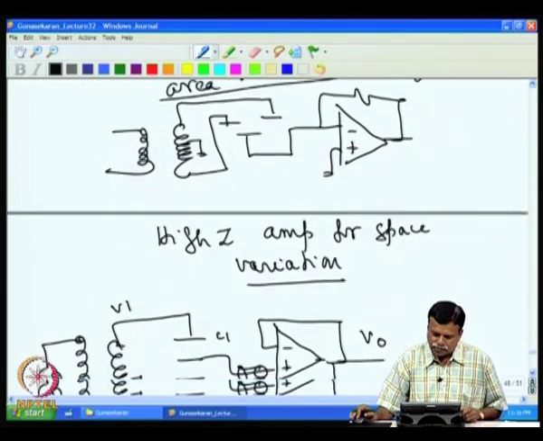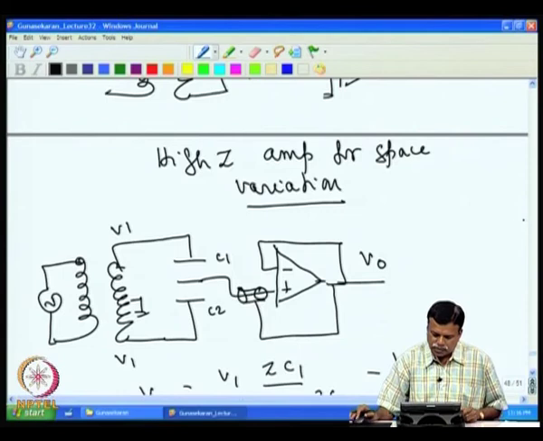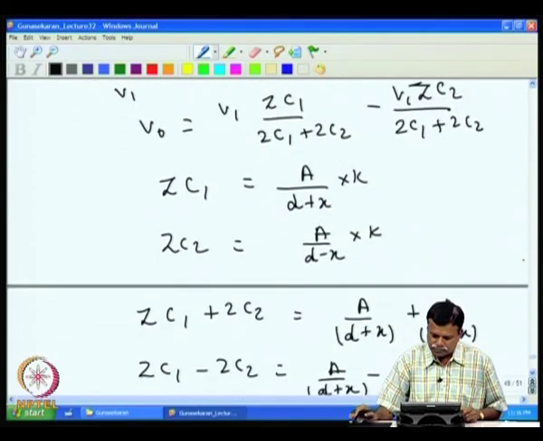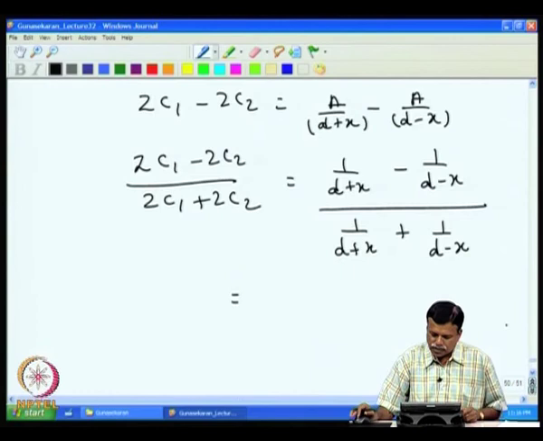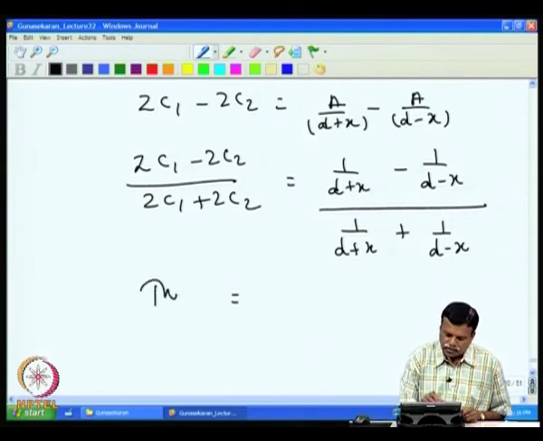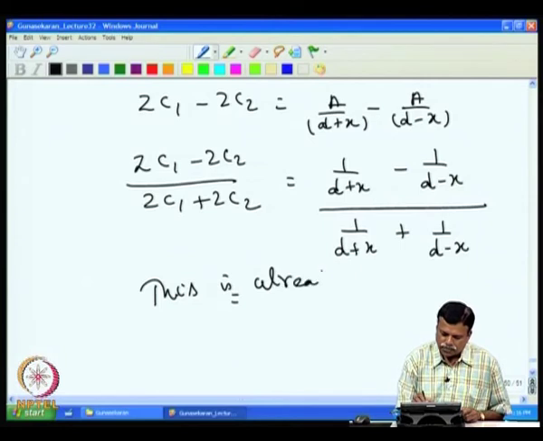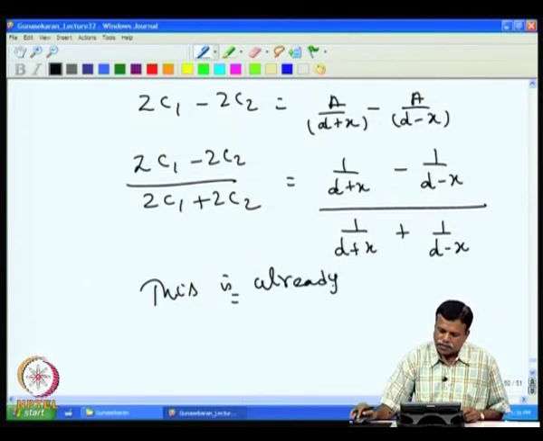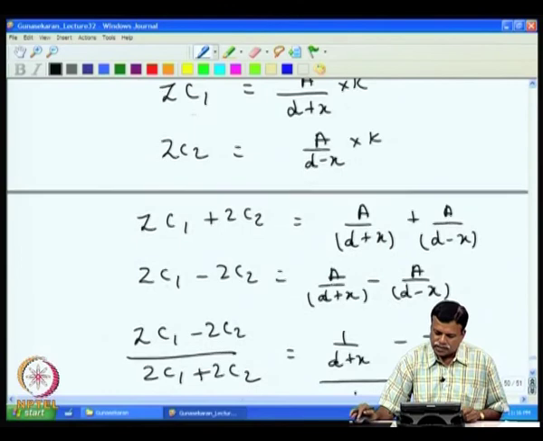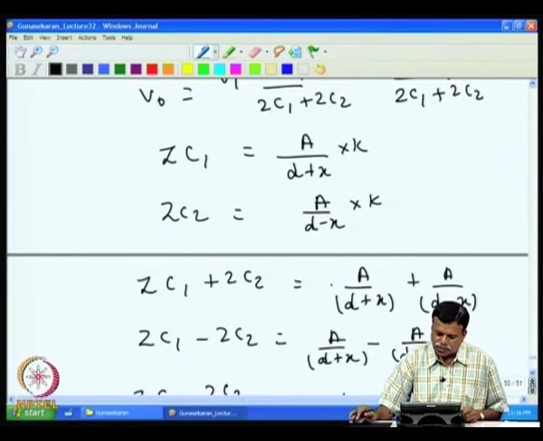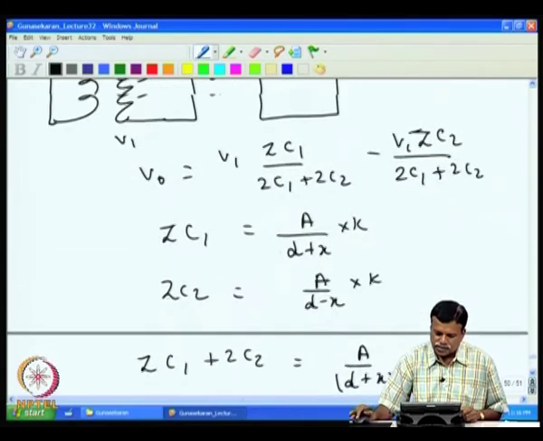Then the IZ amplifier for space variation, we have already done this. So we take next area variation. If it is area variation, then we have to take it as a into 1 plus x and a into 1 minus x.